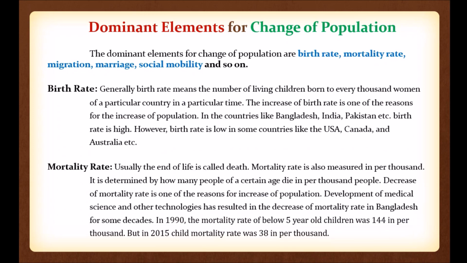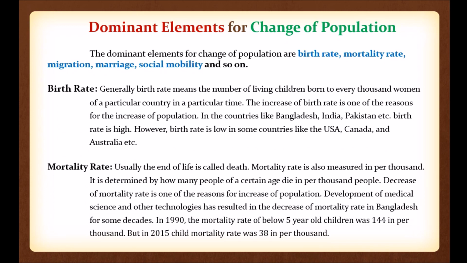Well, the second one is mortality rate. What is mortality rate? Usually the end of life is called death. Mortality rate is also measured per thousand. It is determined by how many people of a certain age die per thousand people.